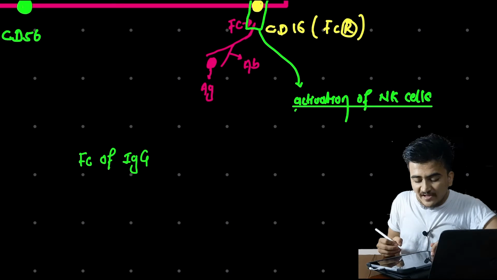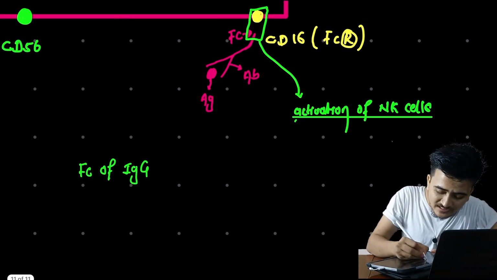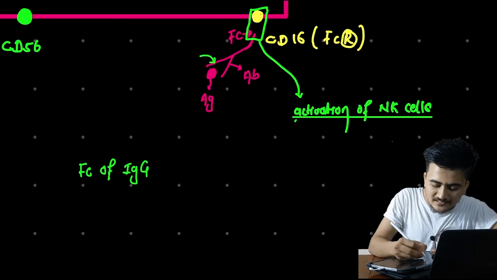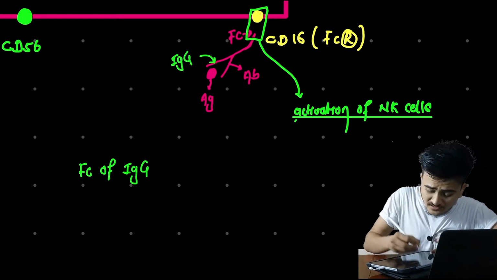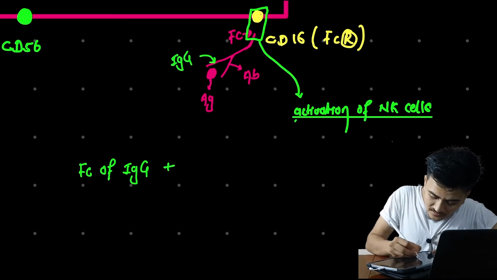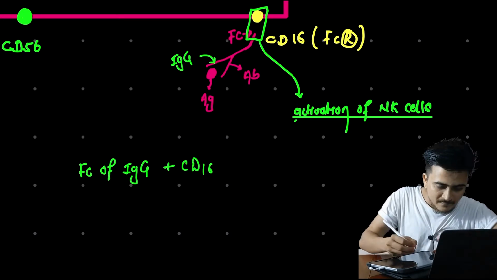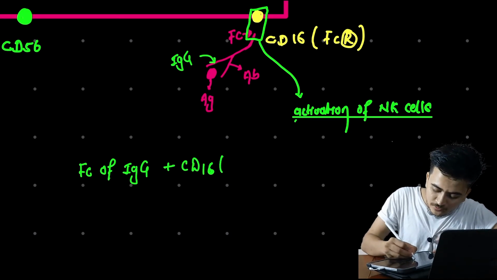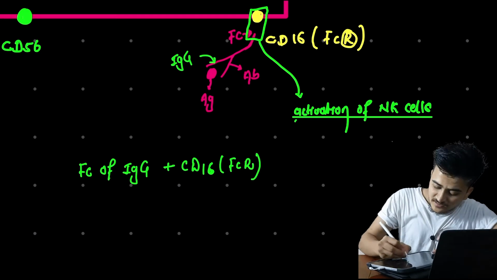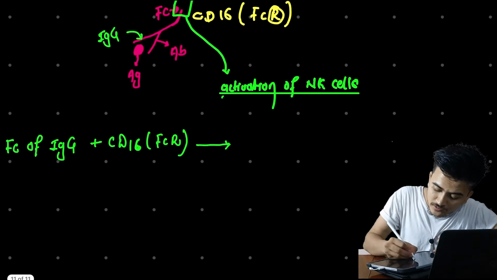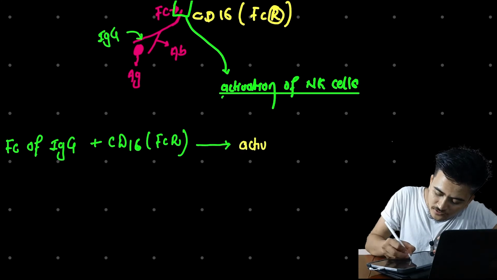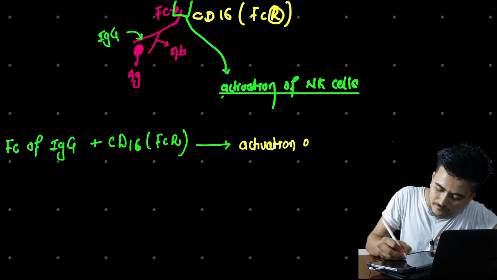I'm writing Fc portion of IgG because the antibody that is usually here is IgG. The Fc portion of IgG combines with what? CD16, or it is also called Fc receptor. These two will combine and these two will cause what? It will cause activation of NK cell.